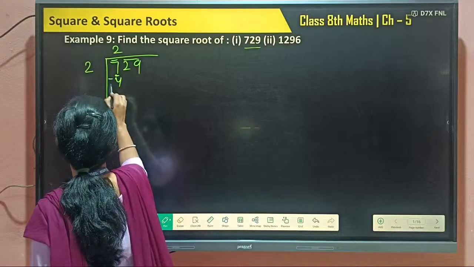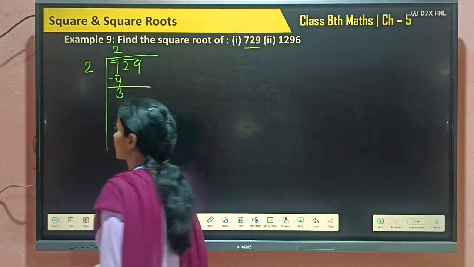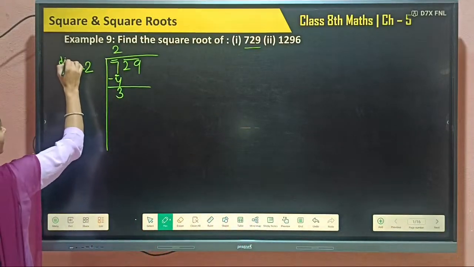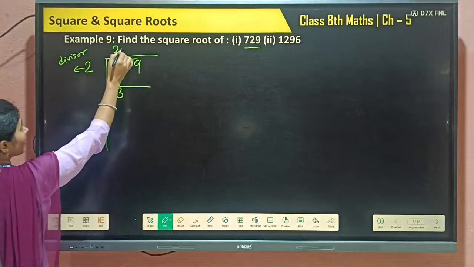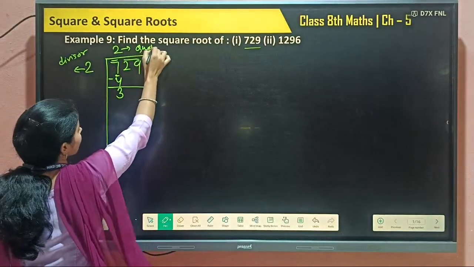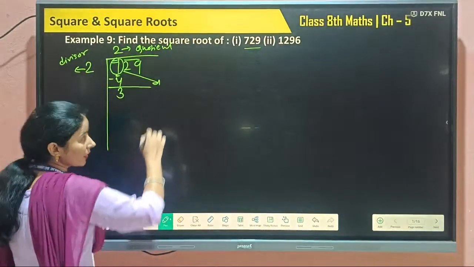What will be the remainder? 3. Now this 2 I will consider as a divisor, and this 2 I will consider as a quotient, and this 7 I will consider as a dividend.